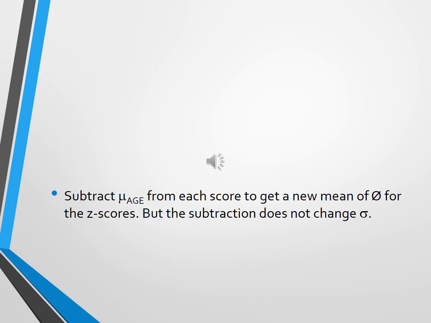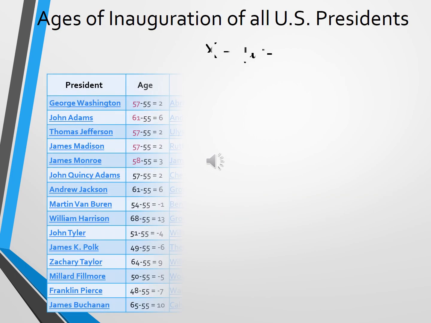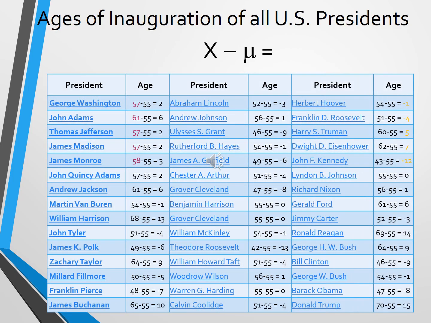When we subtract the population mean from a group of scores, the new mean of the new group of scores is equal to 0, but the standard deviation is not changed at all by adding and subtracting a constant. Here are the original scores and the result of the transformation so far.